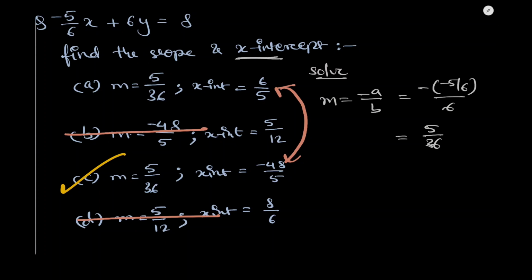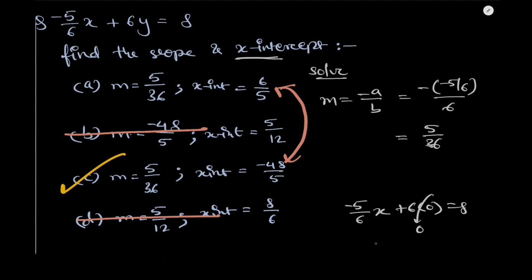Now here you don't know the x coordinate, but you know the y coordinate and it is 0, so why not, let's just put it in. So y is equal to 0, we will get minus 5 by 6 x plus 6 into 0, which is equal to 8.